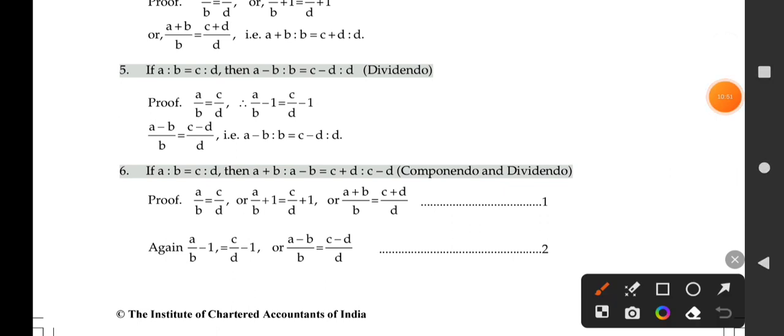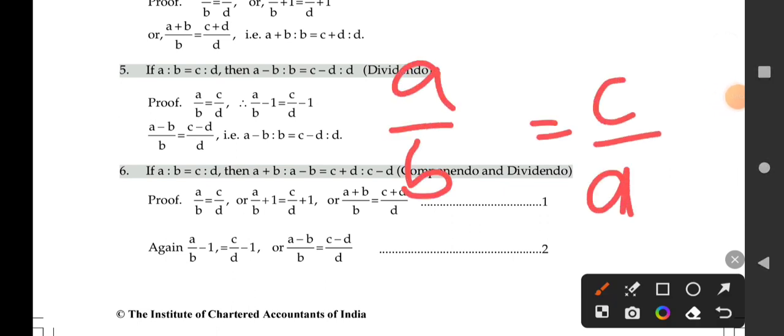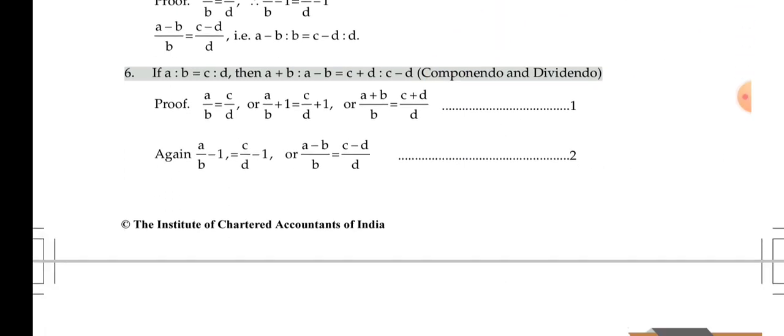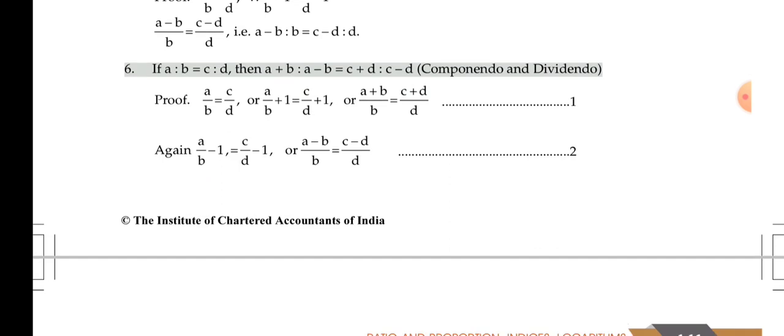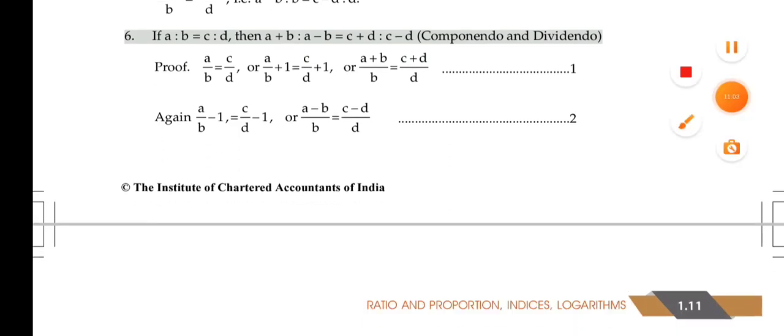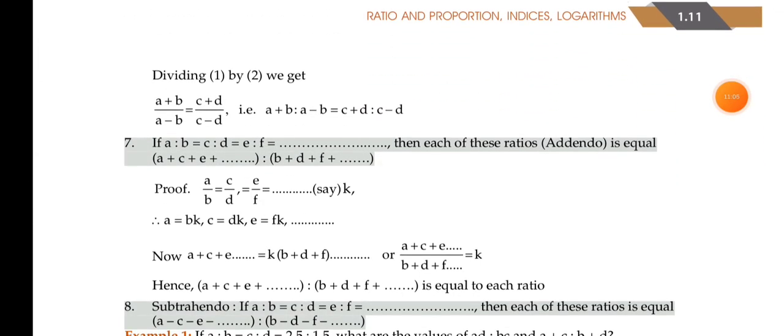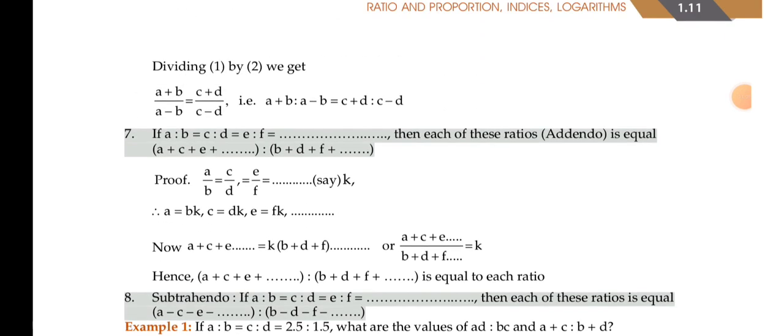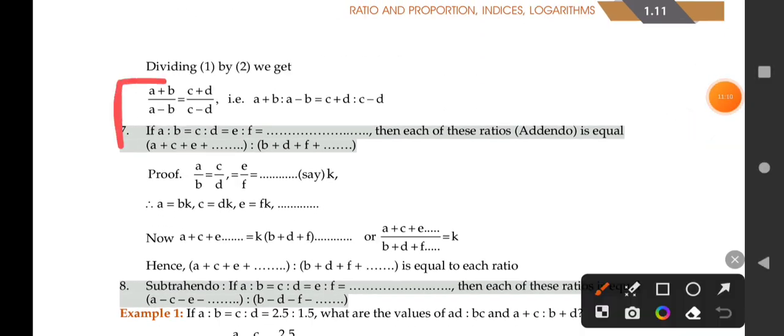Dividendo, you have to subtract 1 from both the ratios. Okay, and then simplify. Componendo and dividendo both: add, subtract, and then divide equation 1 by 2. Okay, and then you will get this.